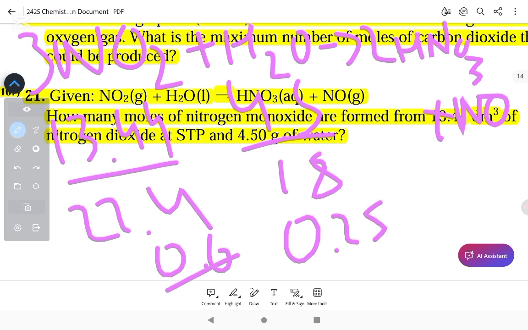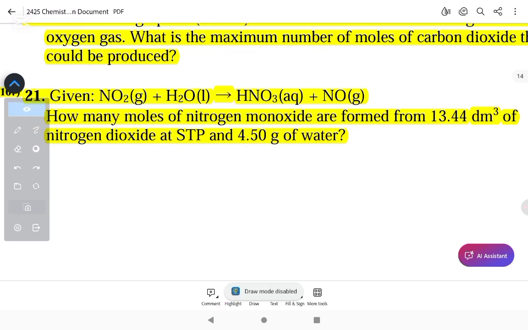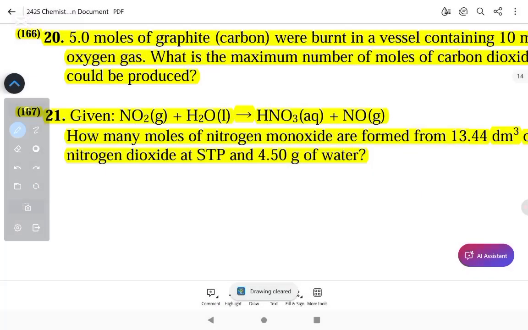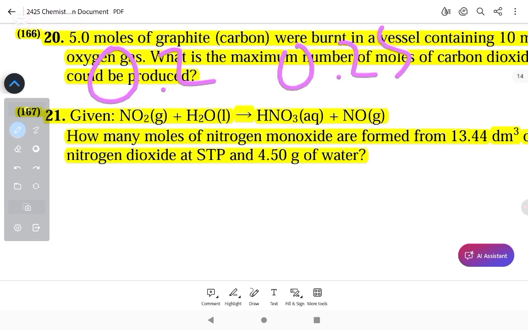So 0.6 divided by the coefficient, which is 3. This is 1, so 0.2 and 0.25, that is nitrogen monoxide and H2O.